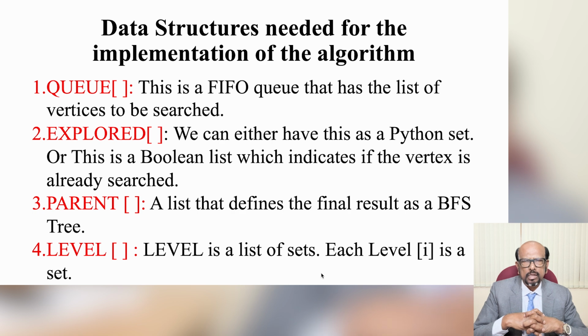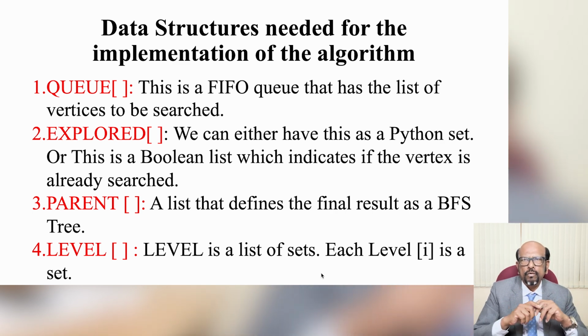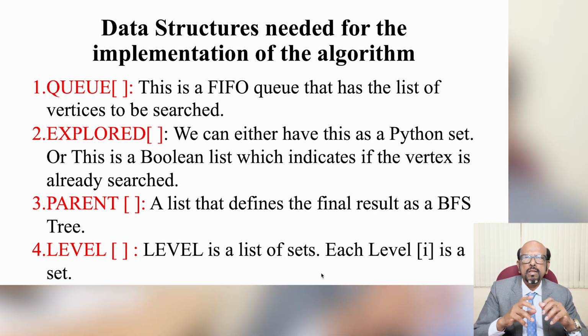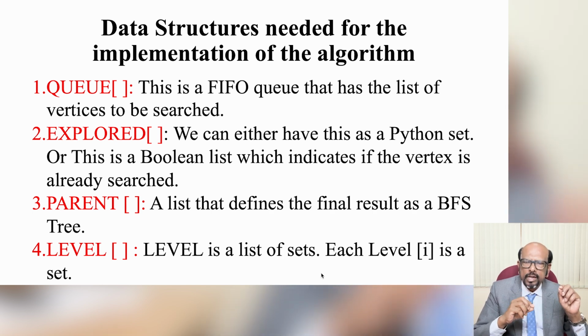Otherwise, no. Then in the BFS tree, normally a rooted tree is represented by the parent relation. For each node, there is only one parent. If you look at the tree, every node has only one parent. If that is defined, the BFS tree is defined.